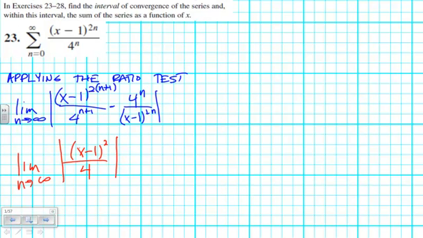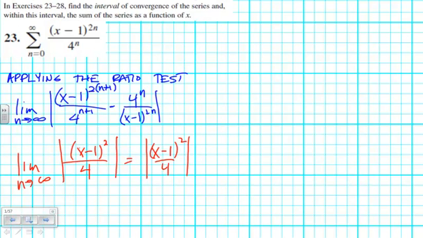Now, this no longer has any n's in it, so this is actually equal to the absolute value of (x minus 1) quantity squared over 4.